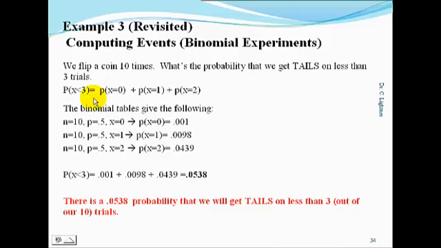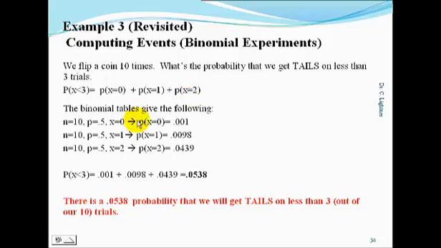This probability, the probability that X is less than 3, contains the sample points of having X equals 0 successes, X equals 1 success, and X equals 2 successes. Therefore, in order to compute the probability that X is less than 3, we have to sum the probability of having X equals 0, 1, and 2 successes.